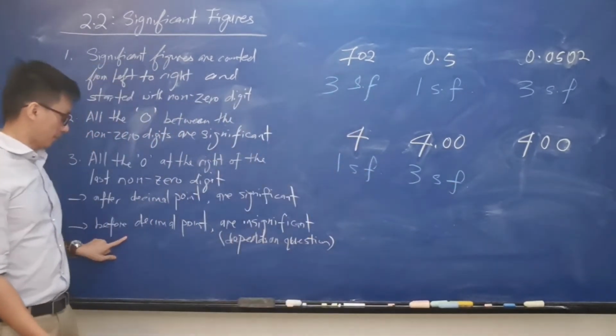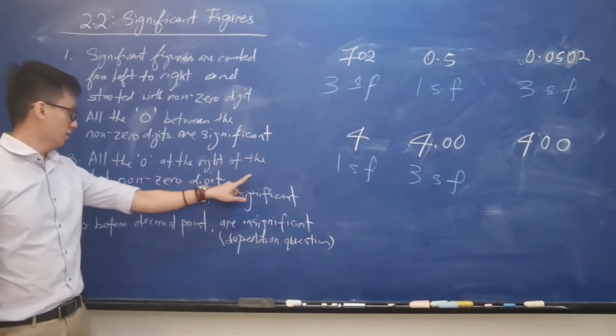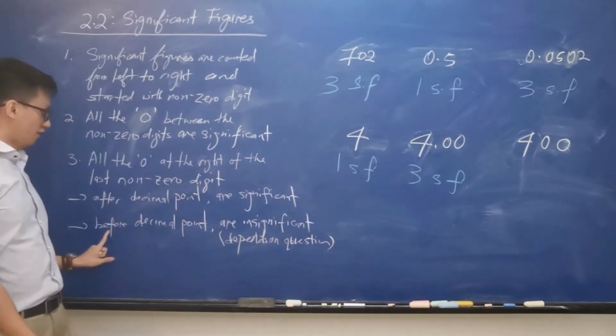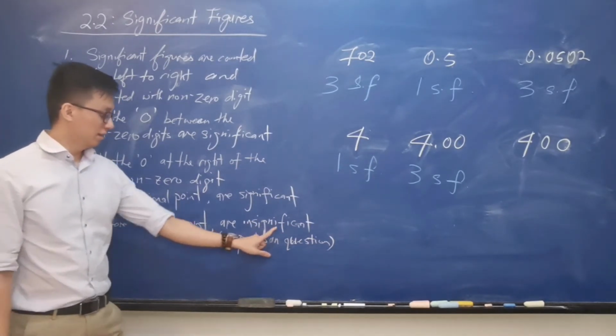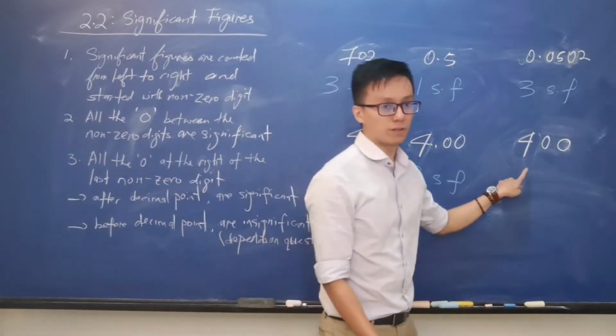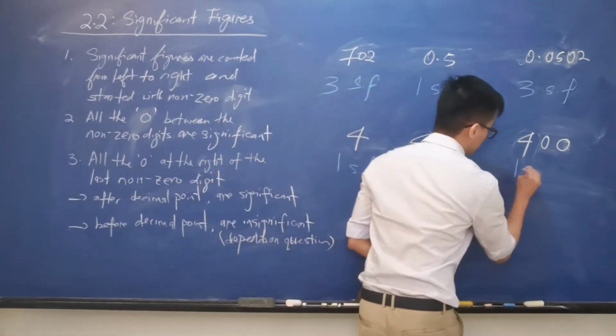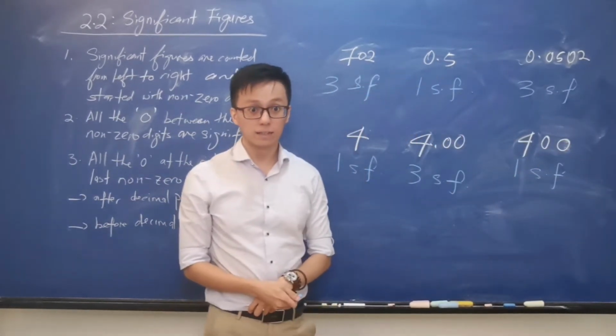Look at this. All the zeros at the right of the last non-zero digit, if before the decimal point, are insignificant. Depends on the question. So if 400, we can say that it is 1 significant figure.